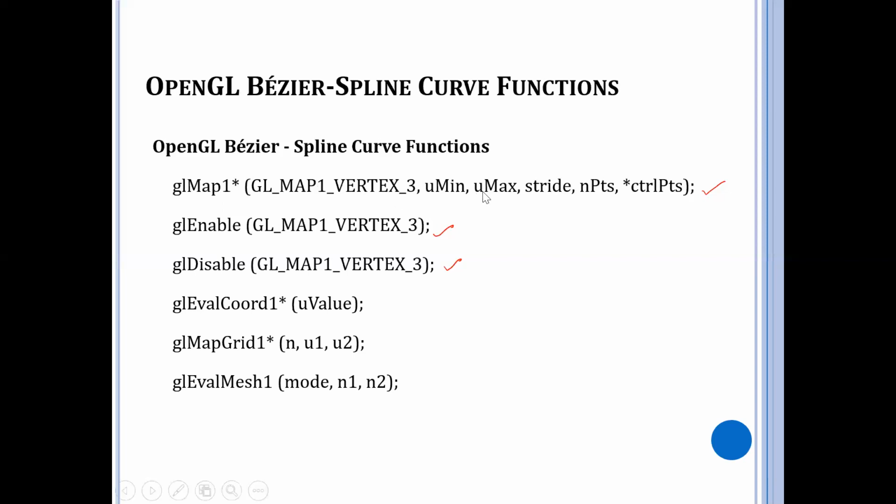In this function, the minimum and maximum values for the curve parameter u are specified in umin and umax, although these values for a Bezier curve are typically set to 0 and 1.0 respectively. So umin and umax represent the minimum and the maximum values for a Bezier curve.